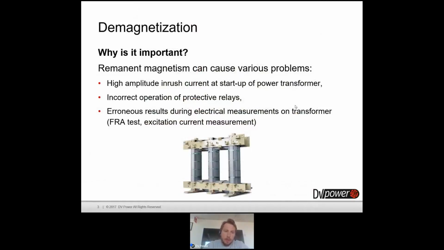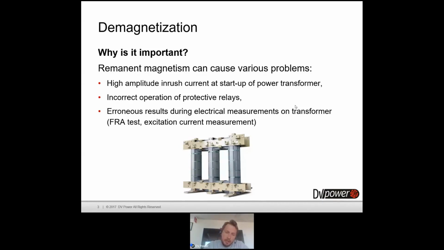If we want to demagnetize a transformer, we need to have a magnetized condition, right? So the first thing we need to understand is what magnetization of ferromagnetic material means.